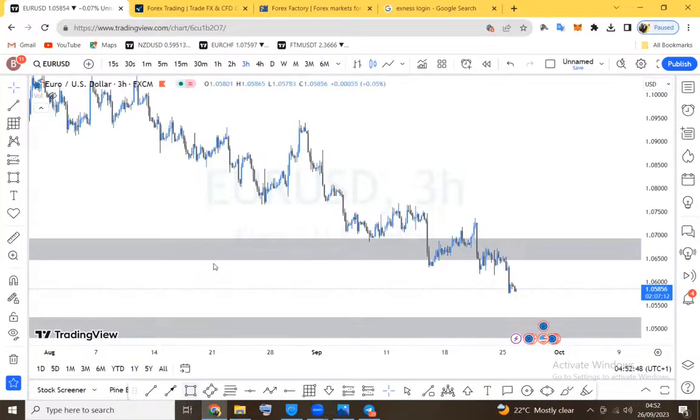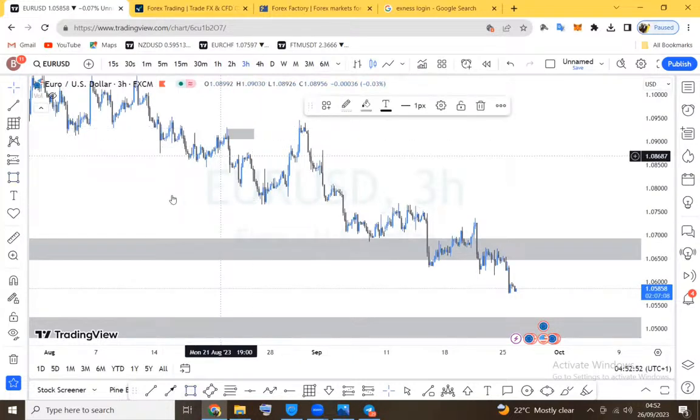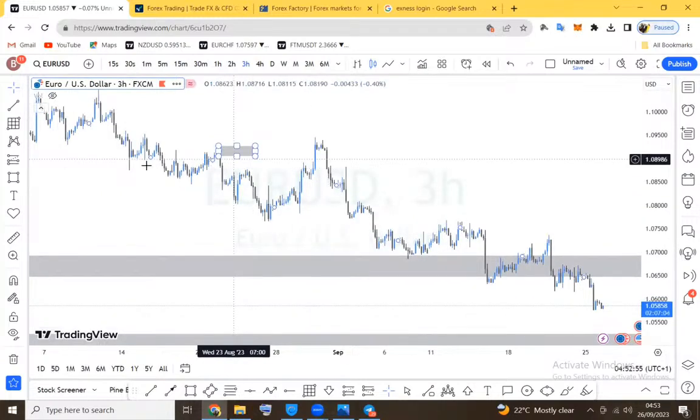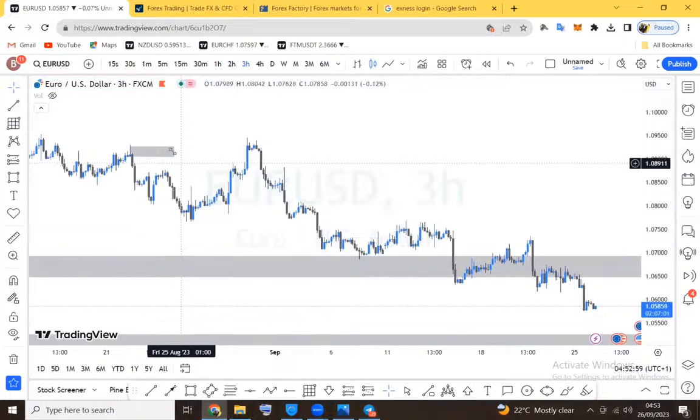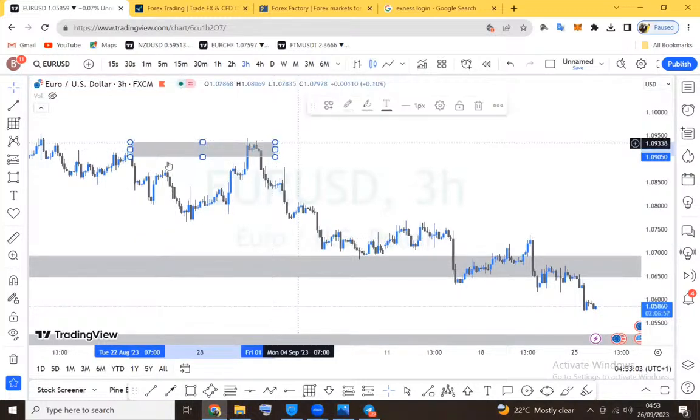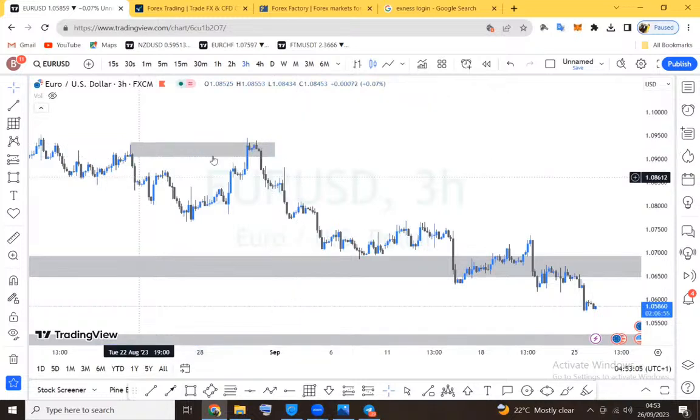So if I want to do a vivid study of the price action here, we could see this zone that was made up of a huge institutional price movement. Looking at the candle size and the consistency of the candles, we can clearly see that this institutional price point had a break retest.